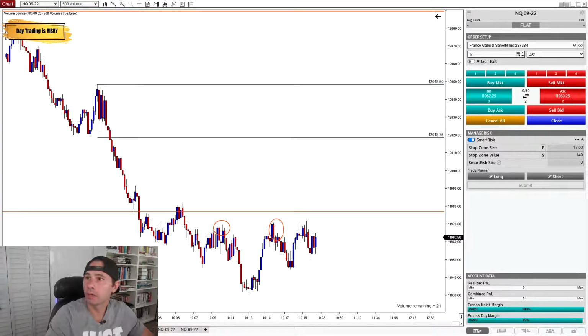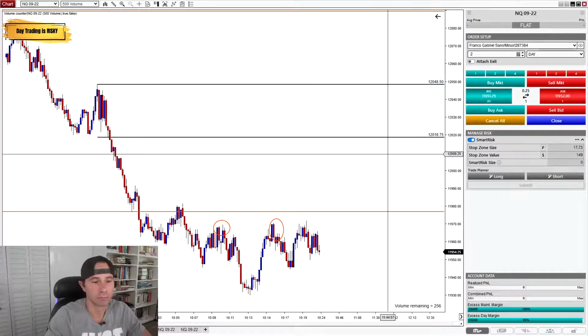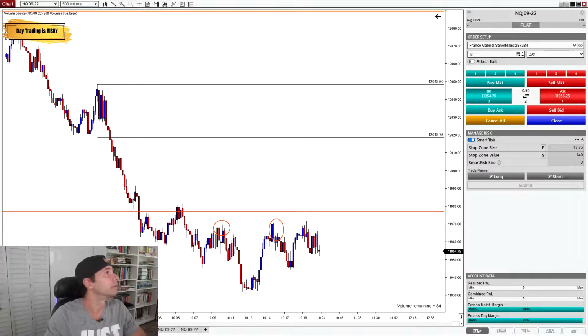And if we do have some sort of consolidation here, I will look for a continuation on the dollar. Yeah, the market looks pretty weak though.